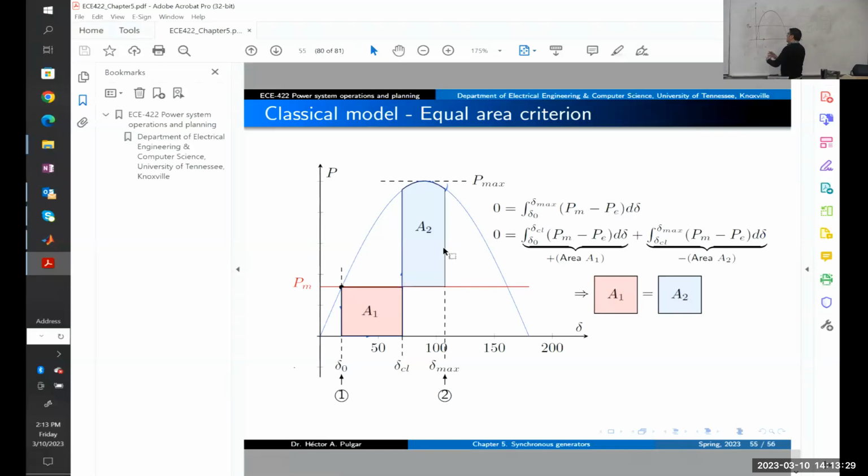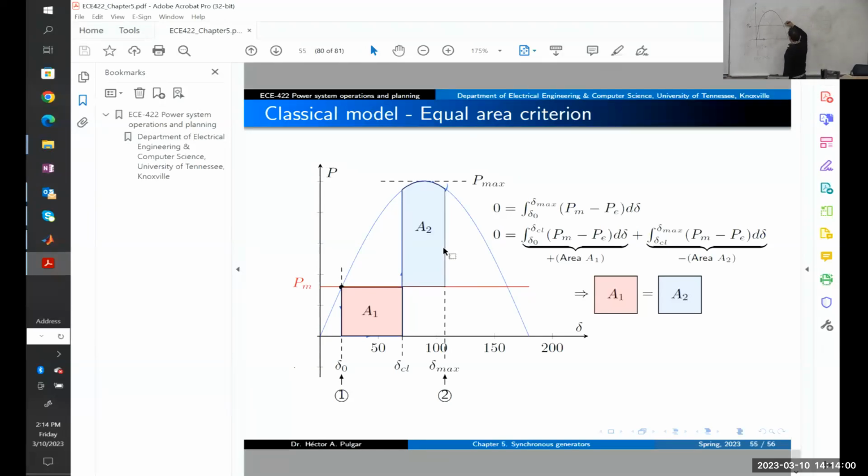One critical situation will be when the maximum angle that the machine will reach is right there at the saddle node, a little bit before maybe. Because if we let the maximum angle surpass that point, the machine will not be recovered and will be pushed away to infinity, and the machine will oscillate.